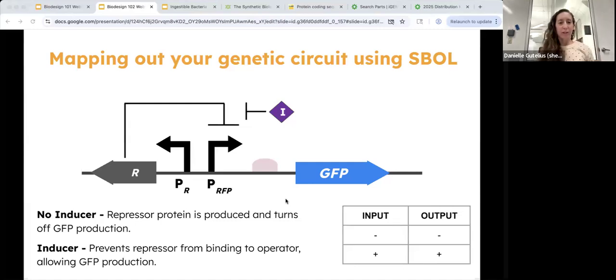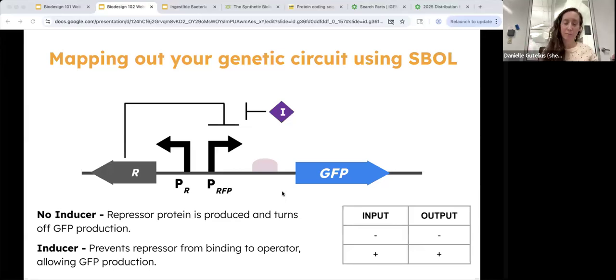Okay. Here's what it would look like if we turned all those slides into just one diagram. This is what you will visually present, ideally at the final assembly for your system, something that looks like this. We have our circuit with the promoter for the GFP. Sorry, mine says RFP, I forgot to change that. That's coding for the GFP output.